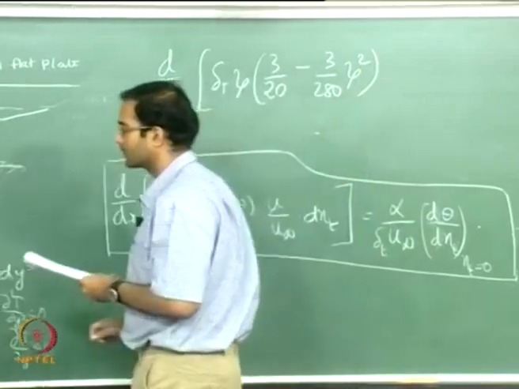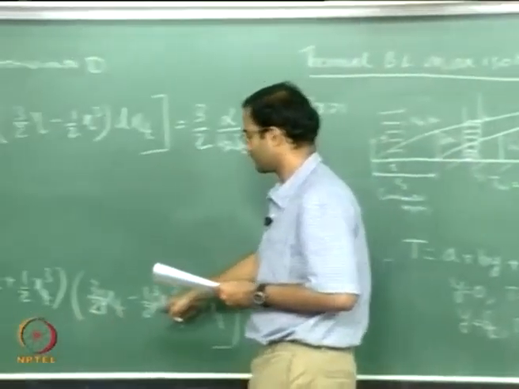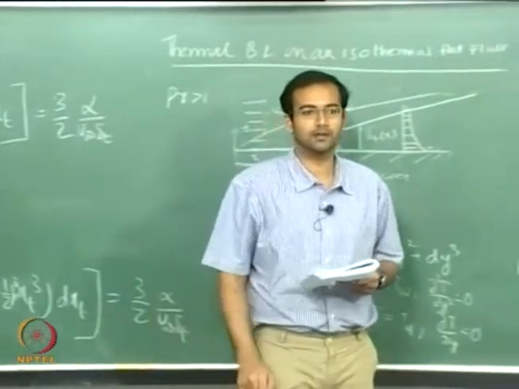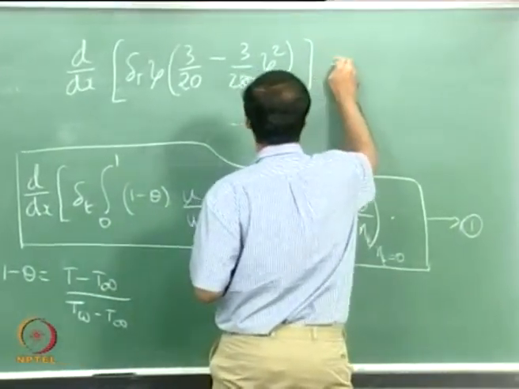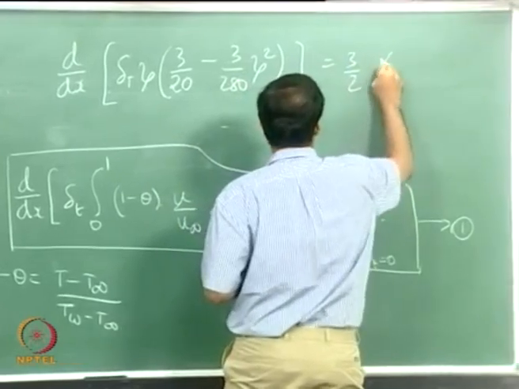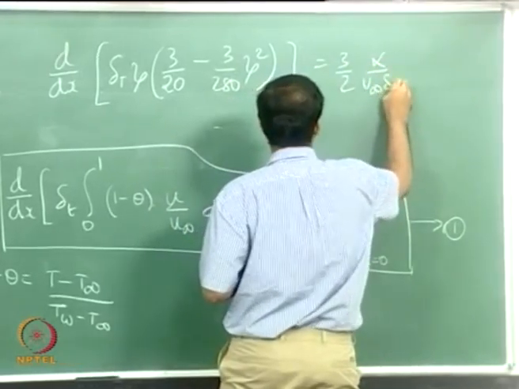Okay, so this zeta cube term we can write as zeta common out and zeta square inside. On this side you have 3 by 2 alpha by u infinity delta t.